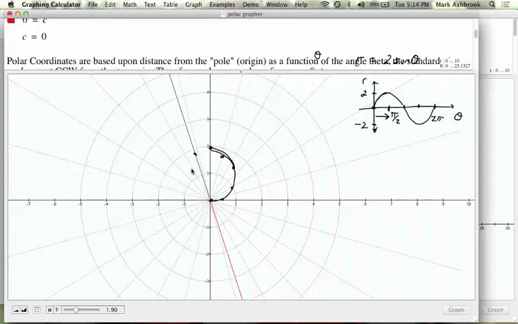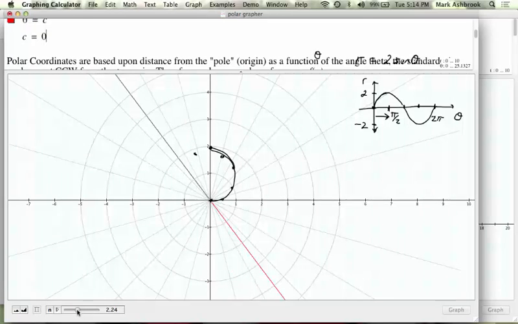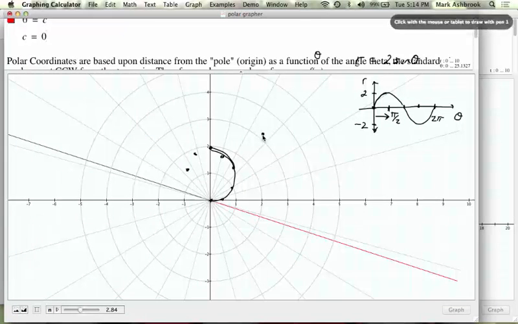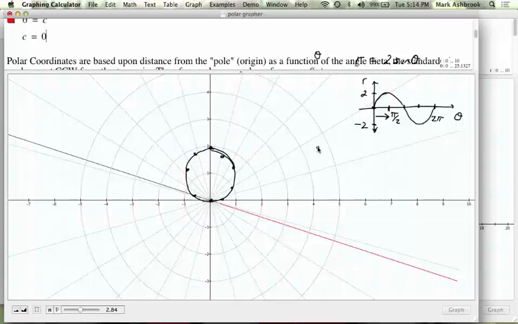Increase the angle some more, and we're going to get even less. So see, r is decreasing as theta is increasing to pi. That's the best polar curve I've drawn all day.